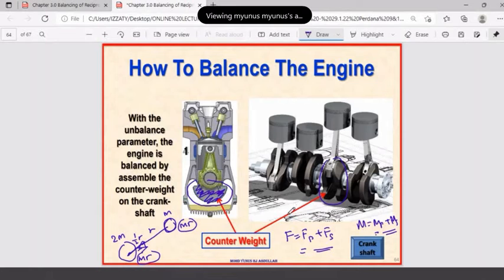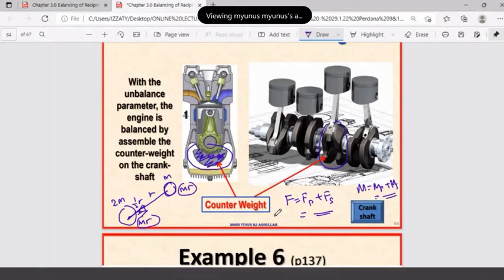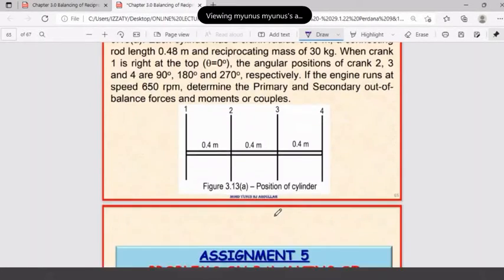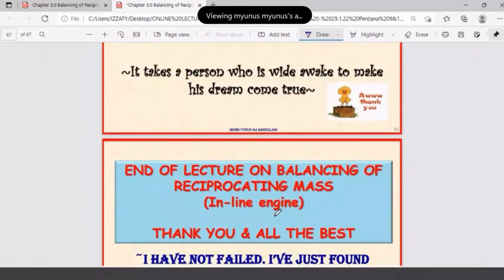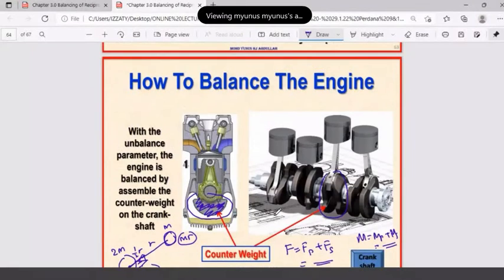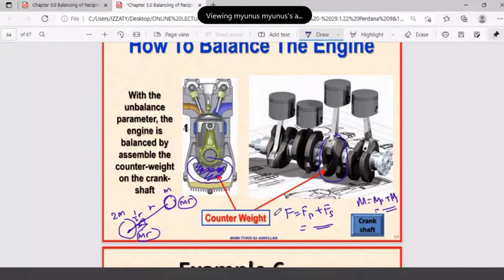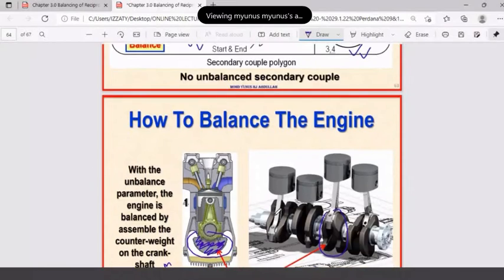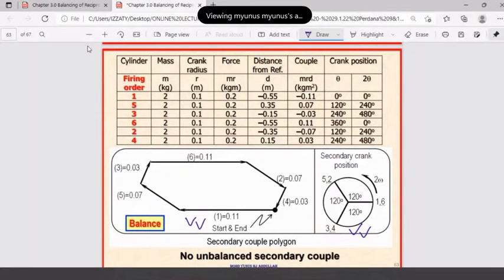Yeah. Okay, so let me complete the analysis. I think you have the analysis with you, isn't it? Let me check. You hold on.